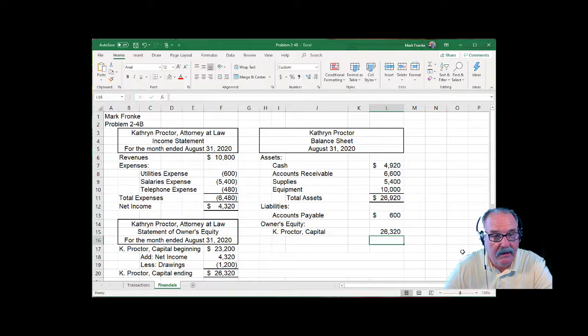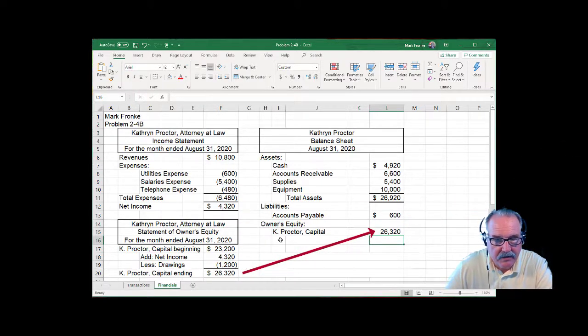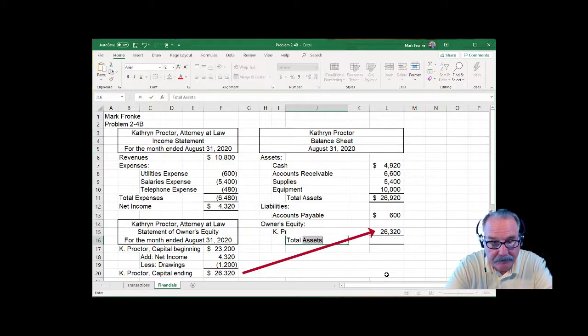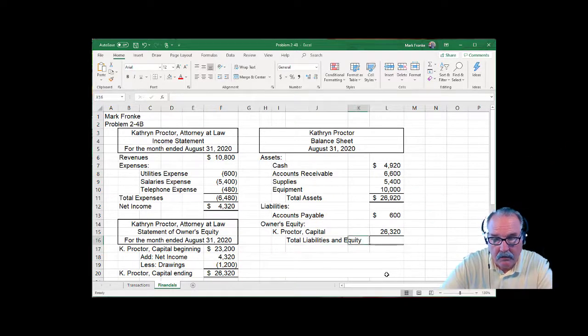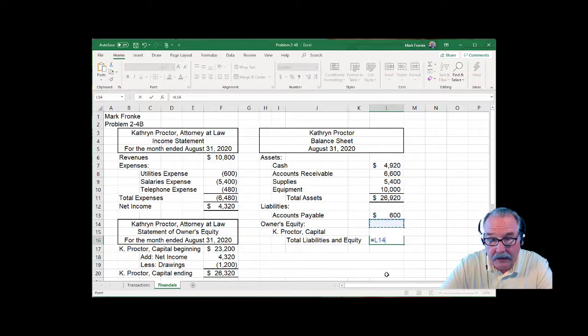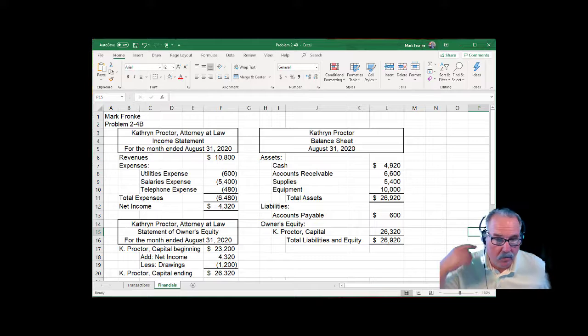And that's why we have to do that one second and the balance sheet last. So total liabilities and equity is the accounts payable plus the capital, $26,920. We have a dollar sign top and bottom, double lines underneath, and we are in balance.